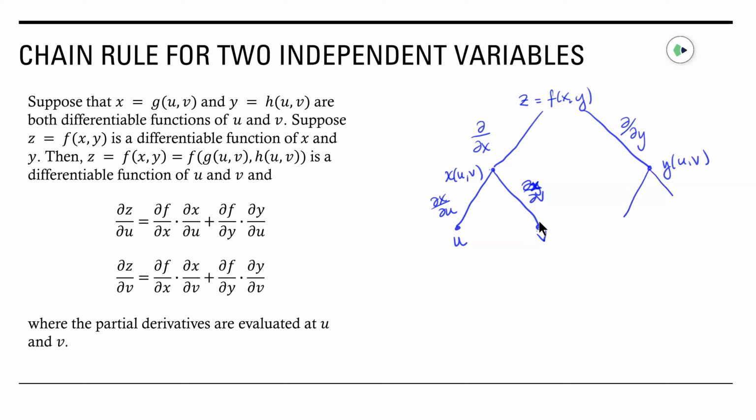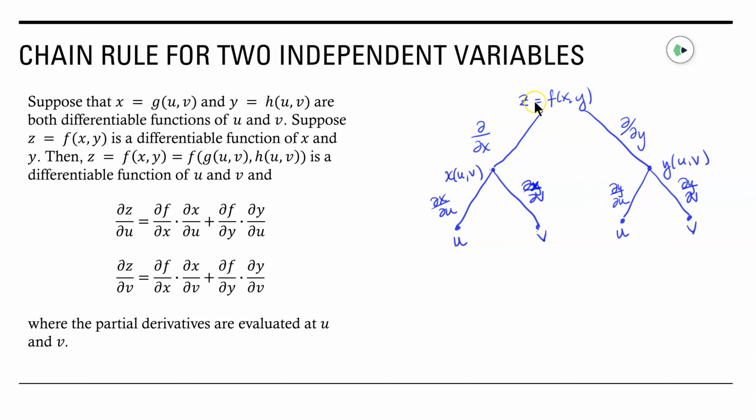I can do similarly over here with y. I'd have a partial of y with respect to u, and at that point I'm at the variable u and there's no more derivatives to take. And I can do a partial of y with respect to v. And now I'm at v and there are no more partial derivatives to take.